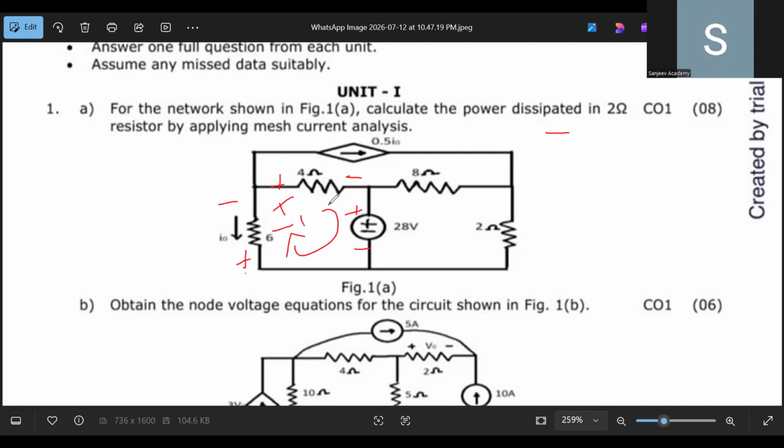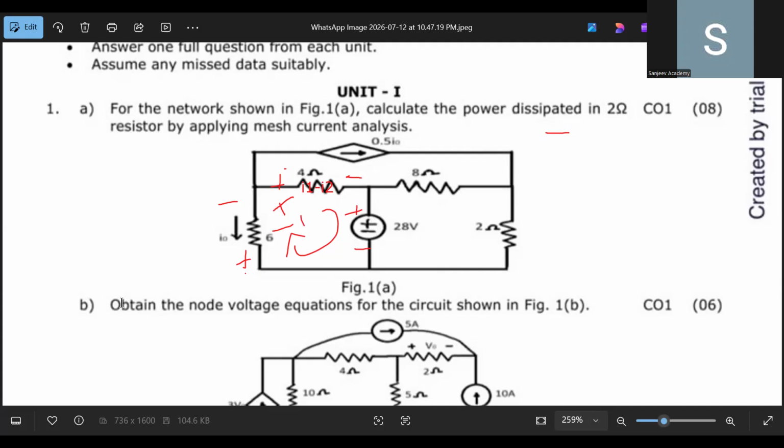And this is basically the 4 ohm, which carries I1 minus I2. This particular part is I1 minus I2. This is I1, plus to minus. Everything is plus to minus only.